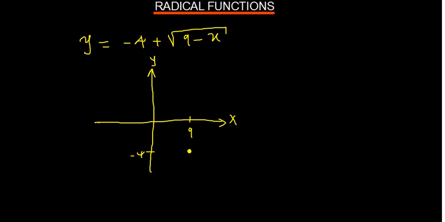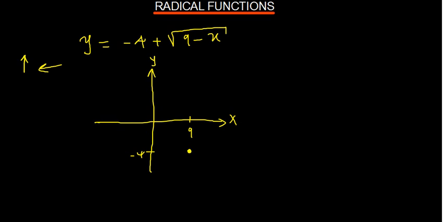Now x is negative, meaning that it will be going towards negative values of x, and then the function is positive, meaning that it will be going up. For this one, this is where people get it wrong.